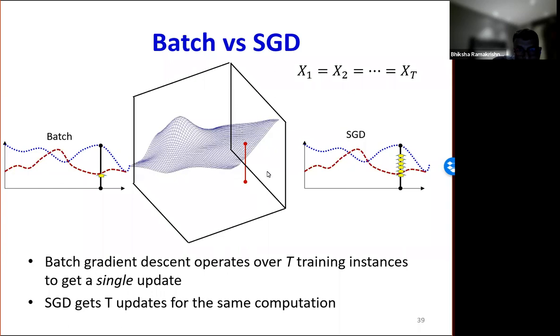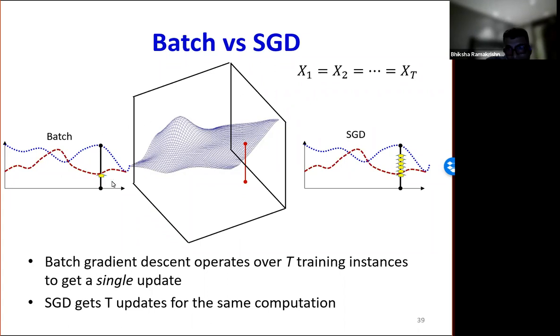Suppose I wait to compute the average gradient over the entire training set and then make an update, as opposed to making an update after just seeing the first training point. Are these two updates going to be different if I have the same learning rate? Anyone?